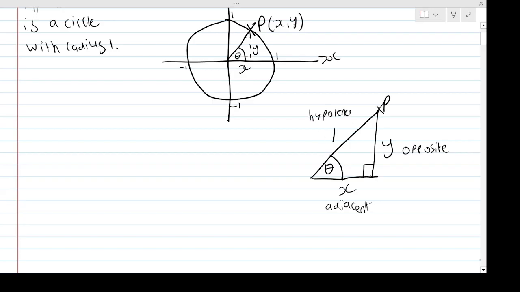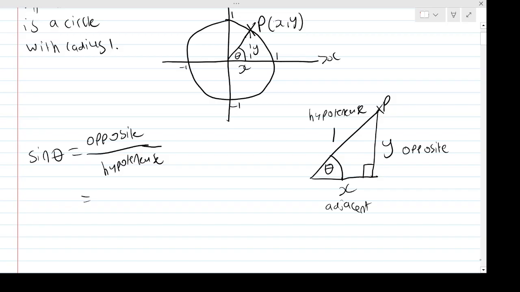And so if we use SOHCAHTOA, we can say firstly that sine of theta is going to be opposite over hypotenuse.